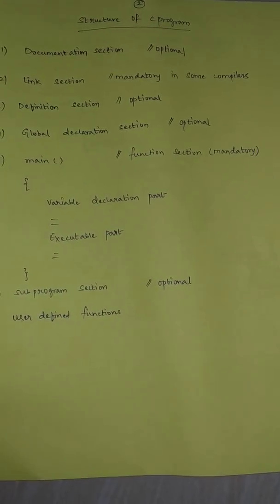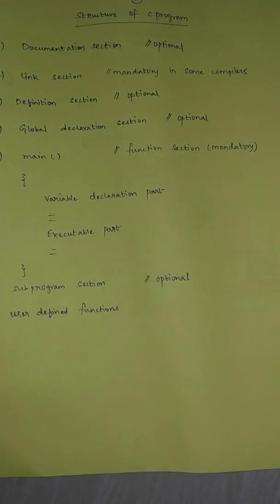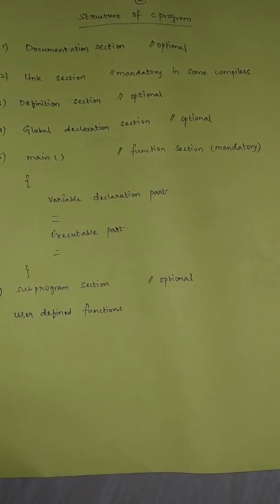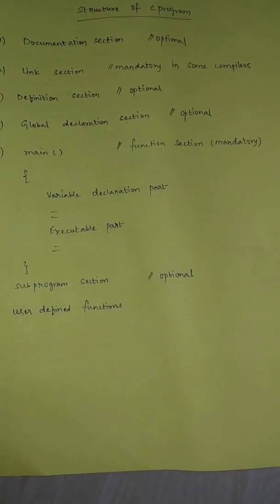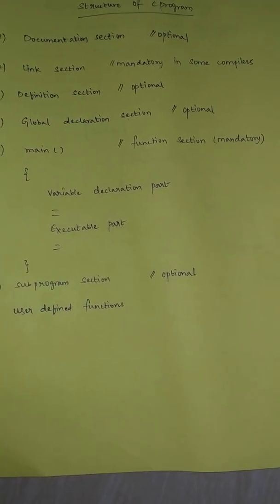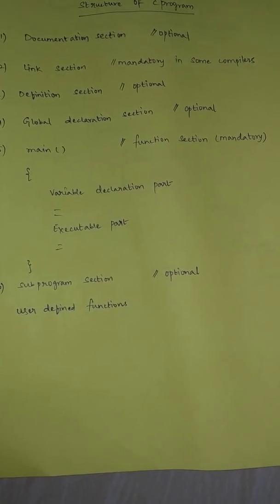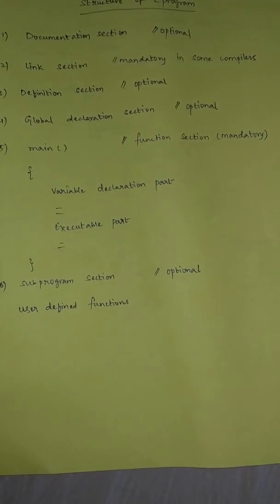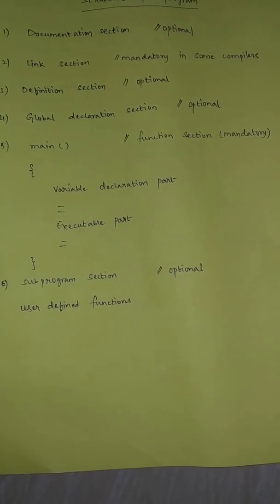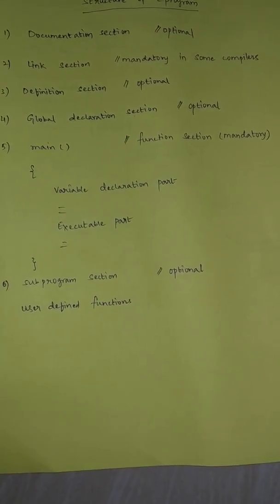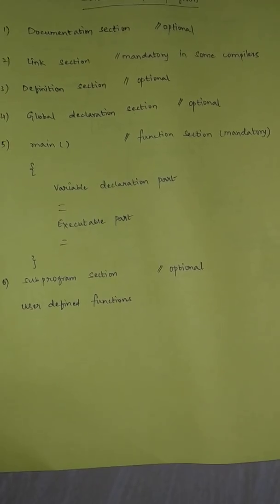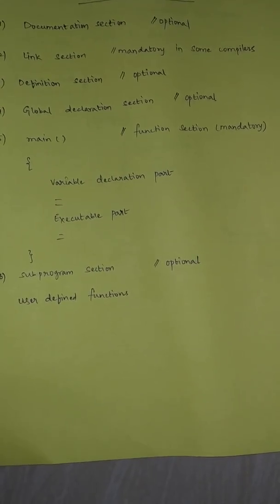Now coming on to the fifth one, which is the main part of our C programming: the main function. All the C programs we write start with the main function. So it is mandatory. Without the main function, there is no C program. Inside this main function, first we have two main parts, the variable declaration part and the executable part. Suppose we want to add two numbers a and b.